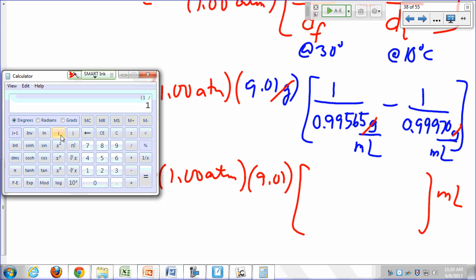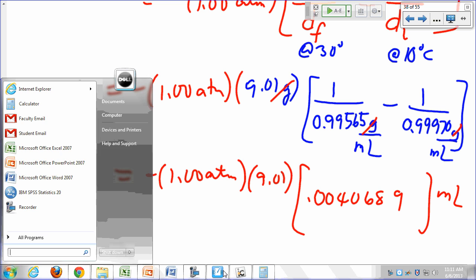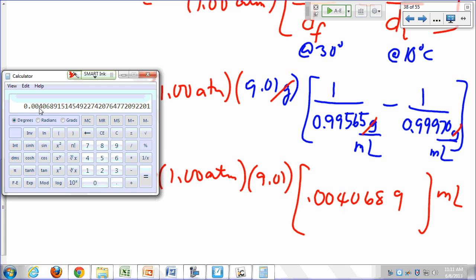Parenthesis 1 divided by 0.99565 close parenthesis minus open parenthesis 1 divided by 0.99970 close parenthesis equals, so that is 0.0040689 milliliters. Okay? So very small change in volume.